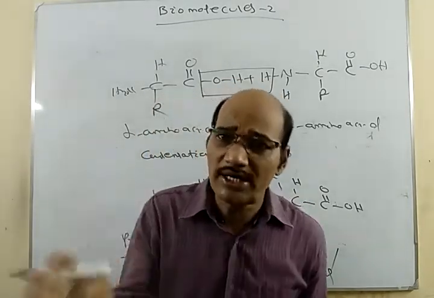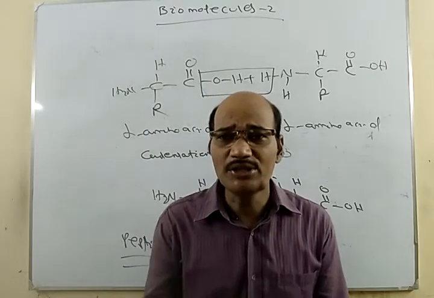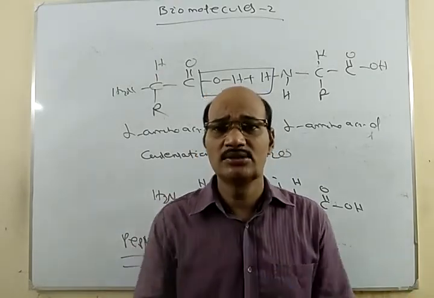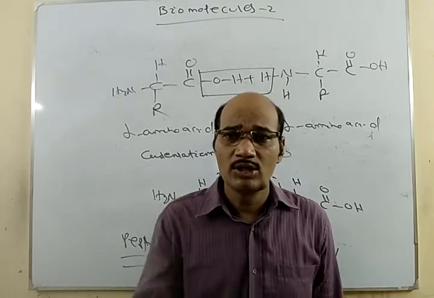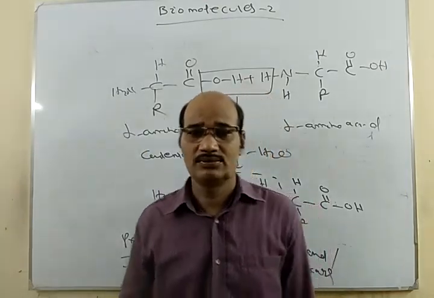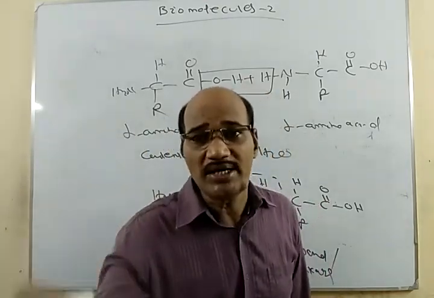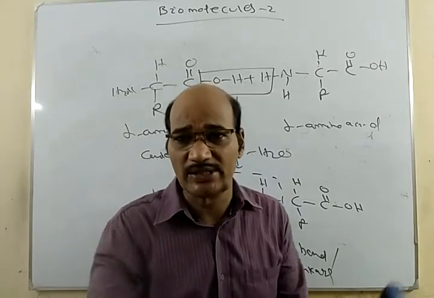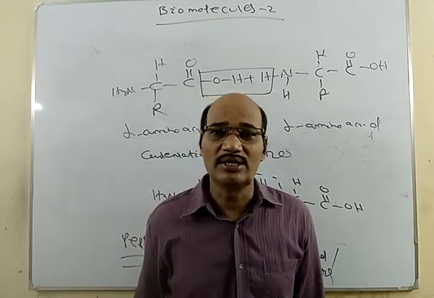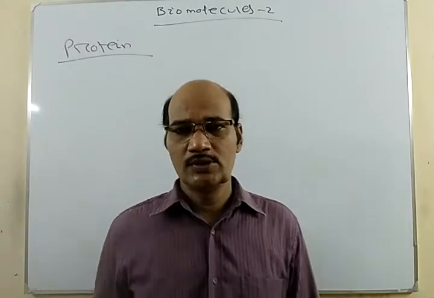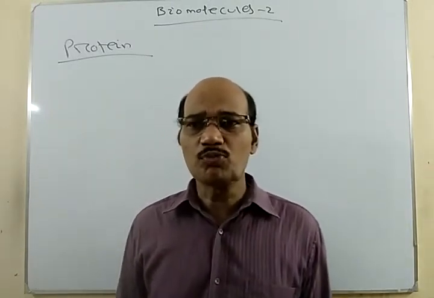If 10 to 100 amino acid molecules are condensed, that is called the polypeptide. If more than 100 amino acid molecules are condensed together, that is called a protein. So next we will discuss about protein.